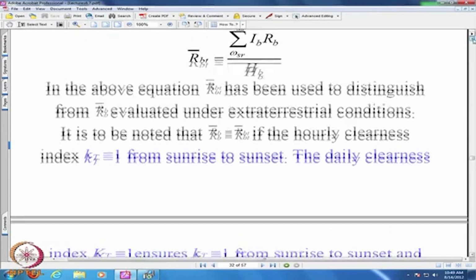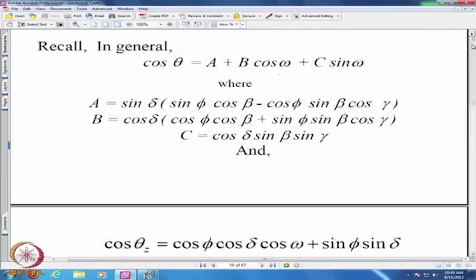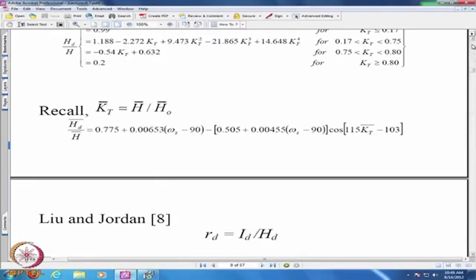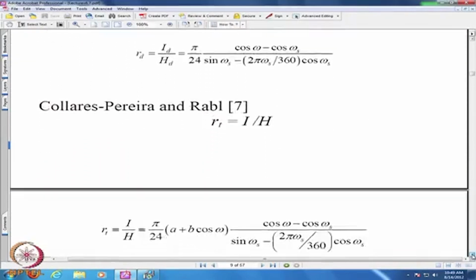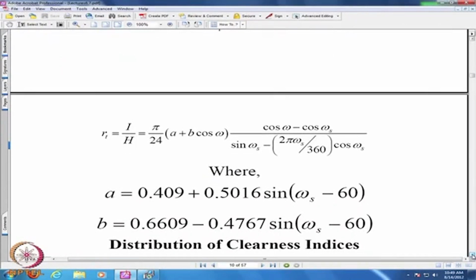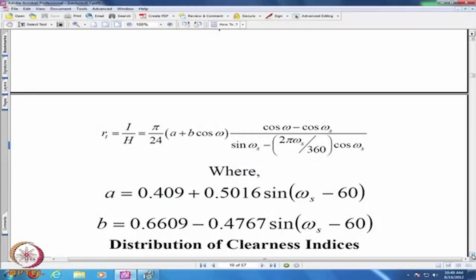Let me go back. This Liu and Jordan ID by HD and Collares-Pereira and Rabl I by H. Now, I can express in principle I minus Id in terms of Rt into H minus Rd times Hd. That will give me an analytical expression for Ib.